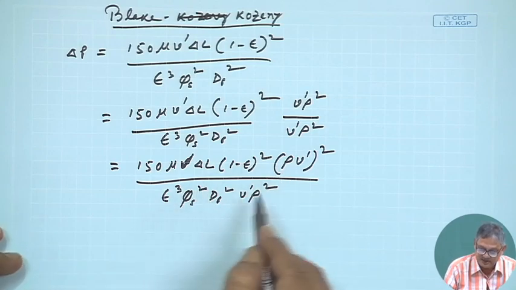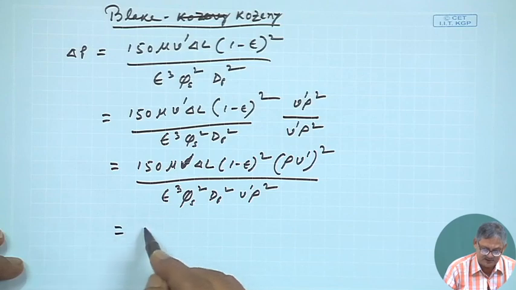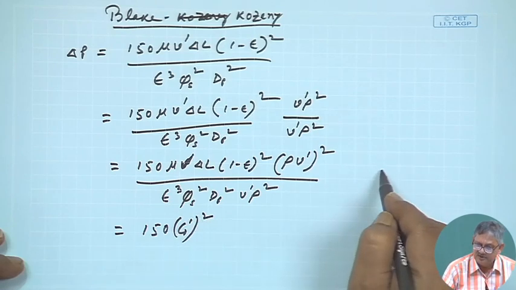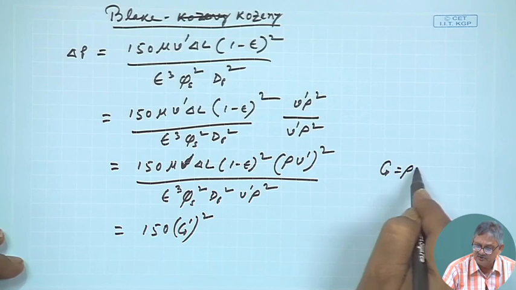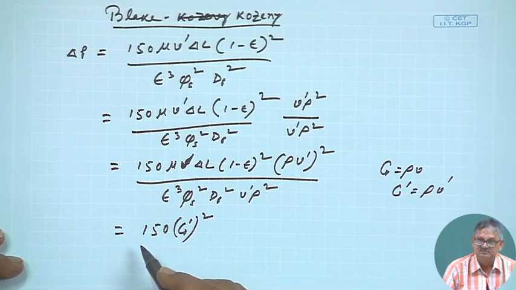So, this again we can rewrite as 150 G prime square, right, because G is rho V. So, G prime is equal to rho V prime, right.